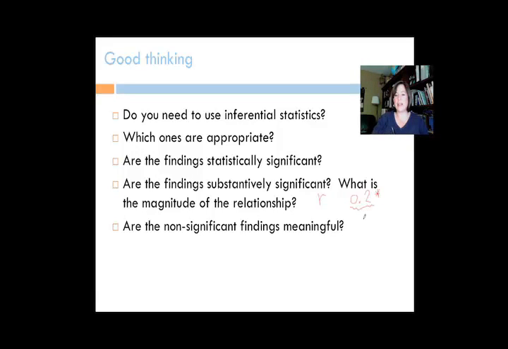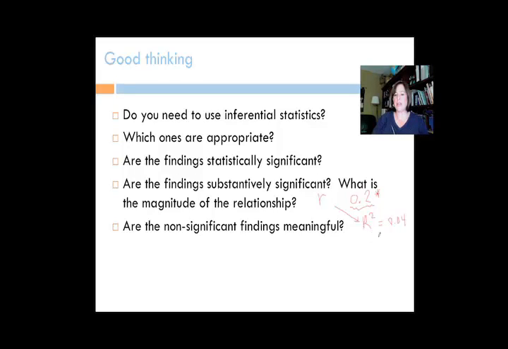And if we want to look at a magnitude of relationship, if we were to square the R, we would get 0.04 if I square that 0.2.